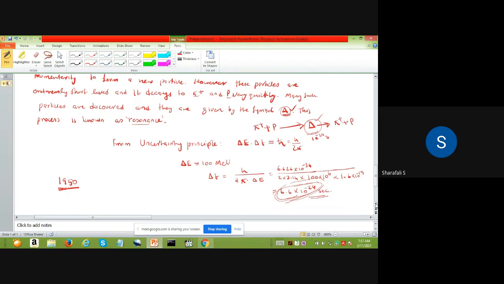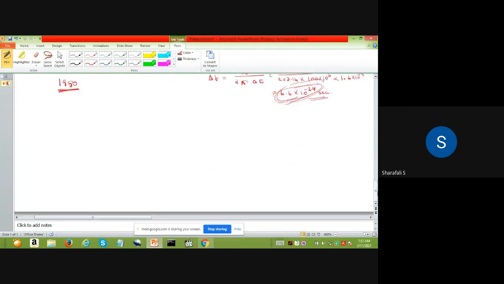And this is not the only extremely short-lived particle. We can classify these extremely short-lived particles. I am not going to write all those particles; I will give you some examples.